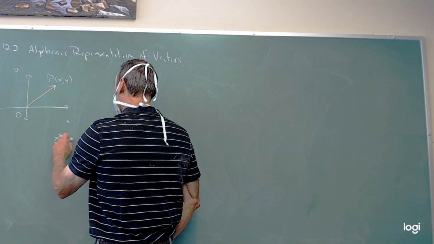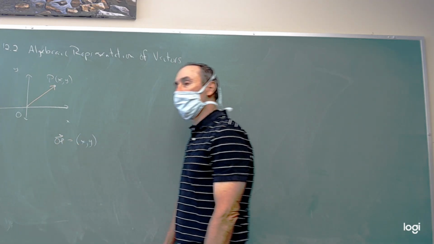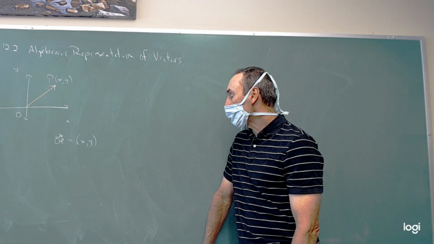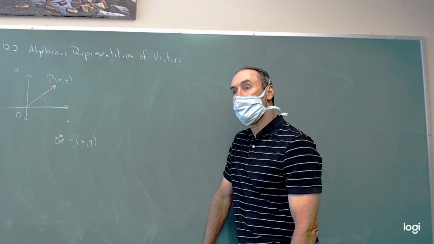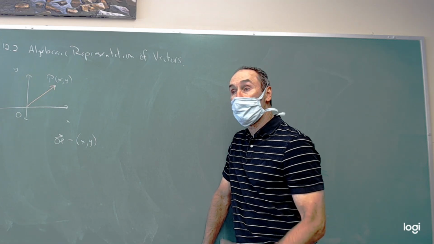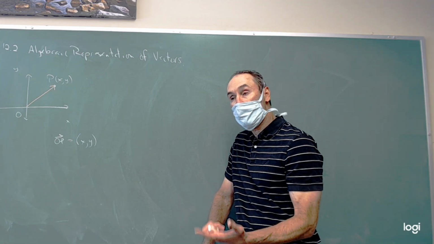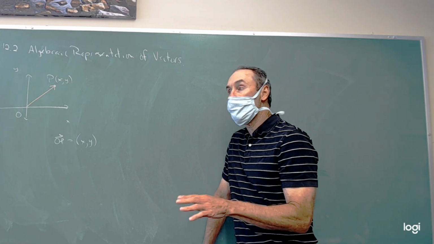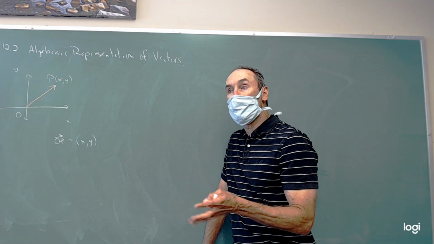Our book usually writes vectors just using parentheses, and then from the context of the problem, you know whether it's really intended to be a vector or the point. And a lot of times, the arithmetic or computation you do doesn't really matter anyway.